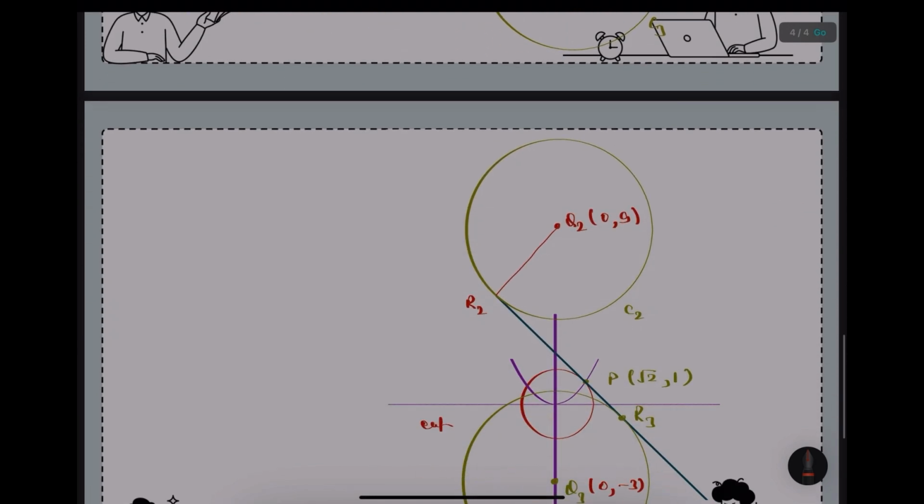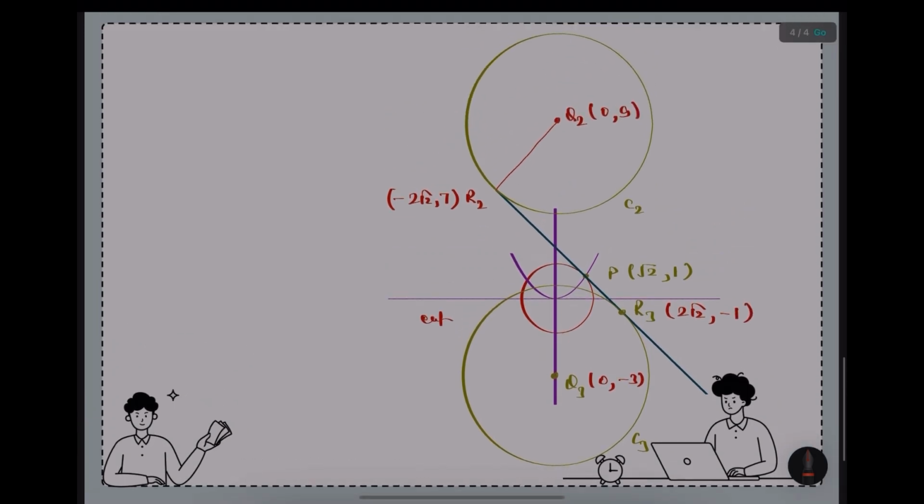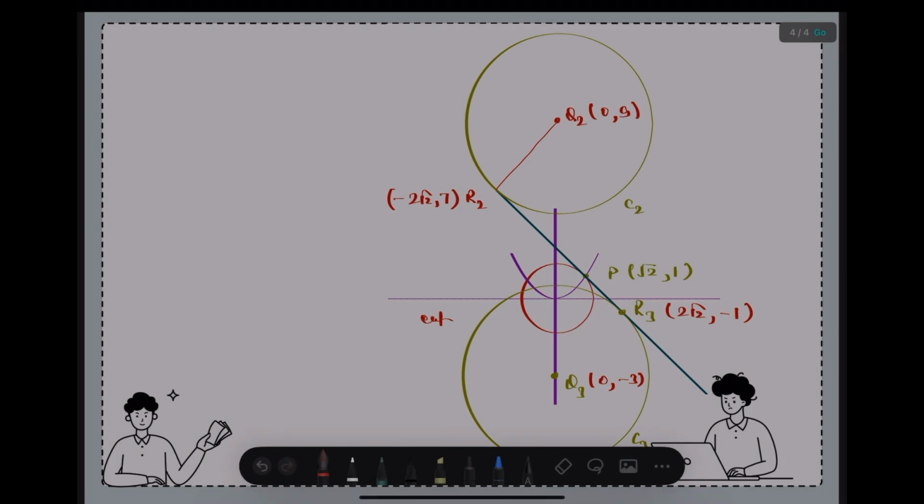Minus 2 root 2 comma 7. R3, what we got? 2 root 2 comma minus 1. So we got almost every point. I'll duplicate this and then slowly we will find out every required thing.